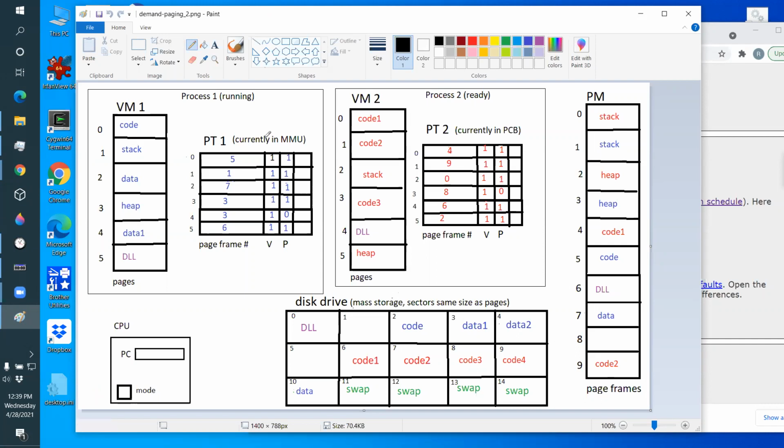Now, at this point, these are the pages that have been paged into physical memory from the hard drive. At this point, there's only one page left of physical memory that's empty. If you notice over here, there's still one page that's not present.